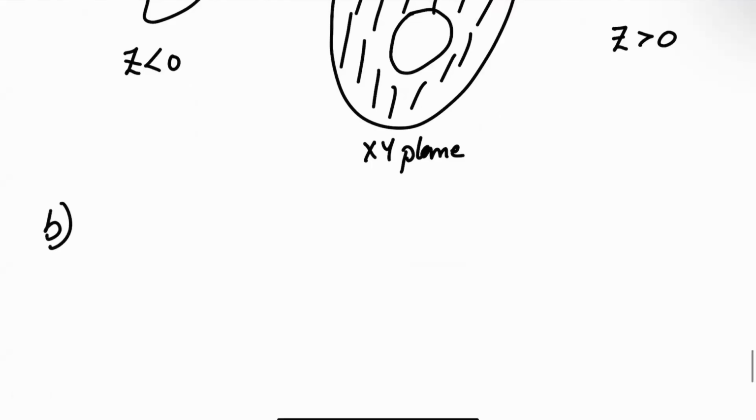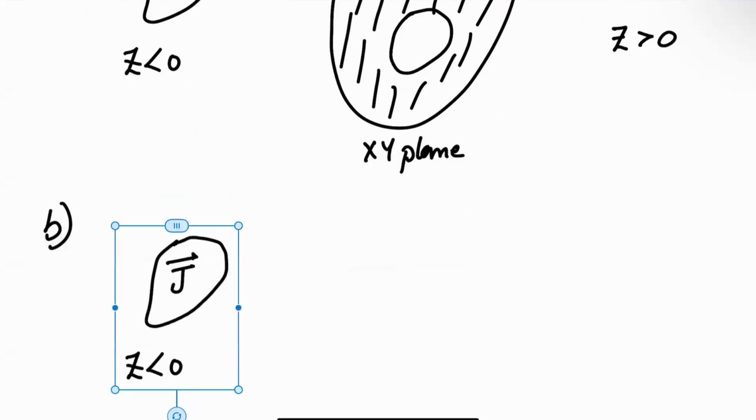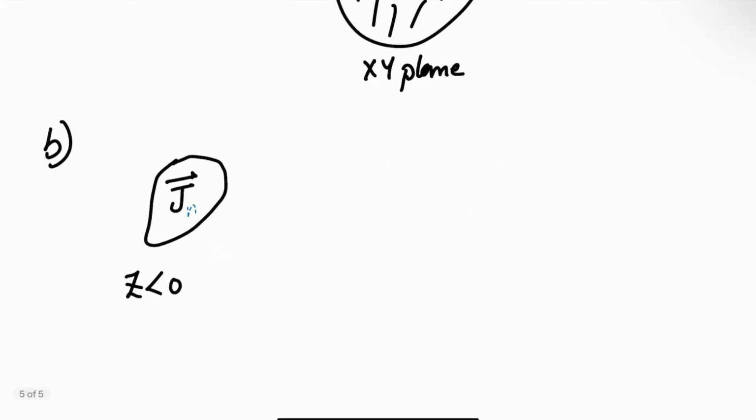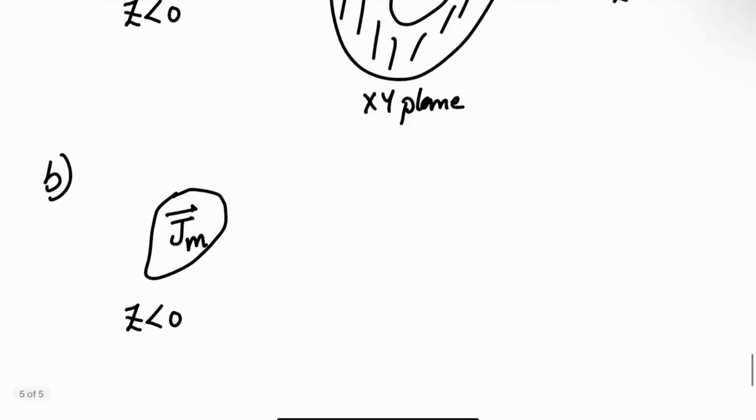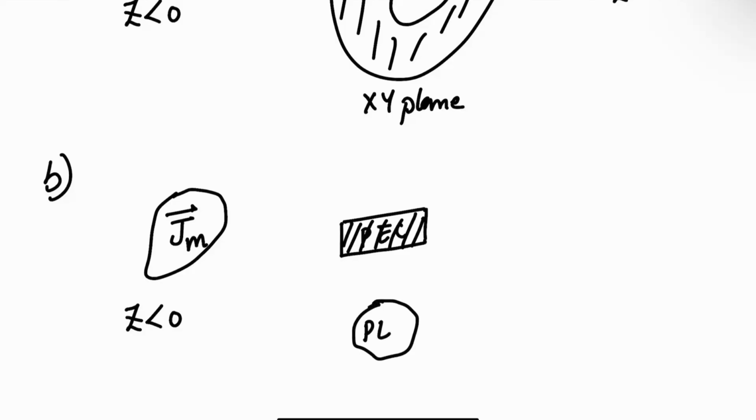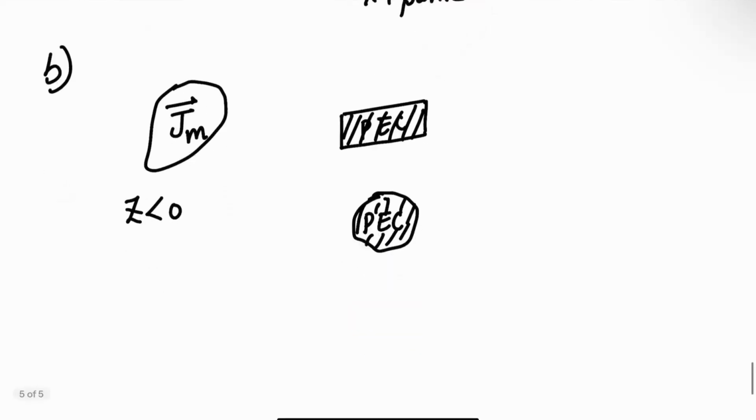The second one is I have some sources, same distribution, but now I'm using magnetic current sources. So this is different than the complementary theorem, right? Complementary theorem had electric currents. Now we're using a magnetic current distribution. Same distribution, but we just flip it to a magnetic current. And here we still have PEC. But now instead of PEC everywhere, and then some apertures, the apertures have PEC, and there's free space everywhere else in the XY plane. This is also different than the complementary theorem, right, where we had PMC instead of PEC.